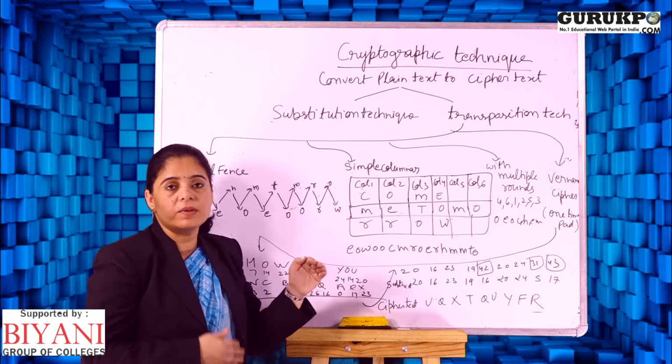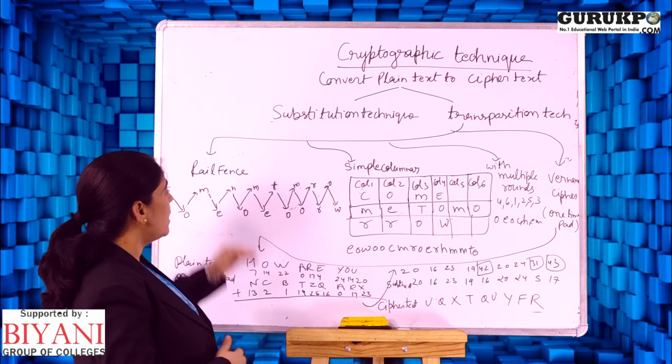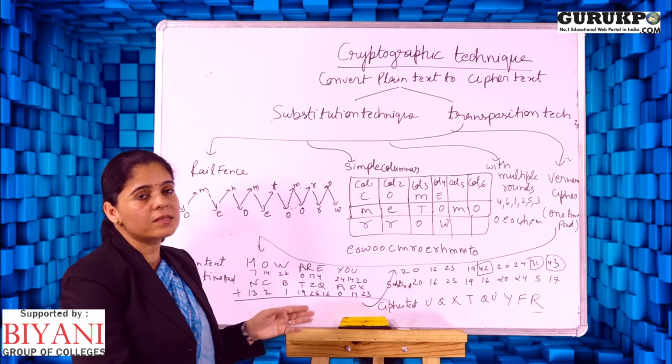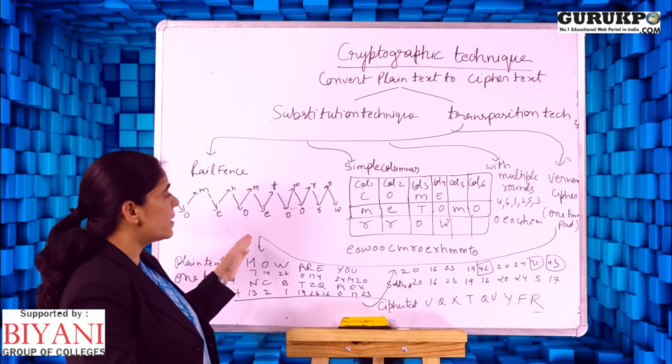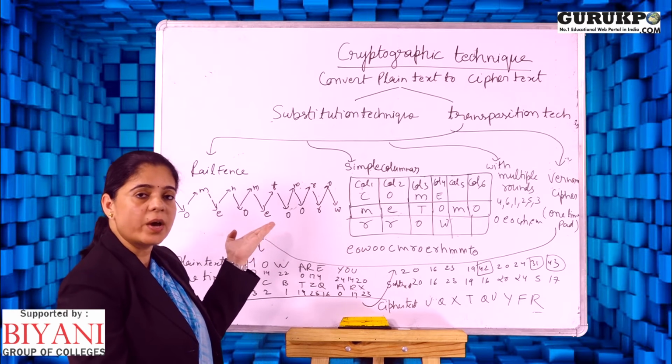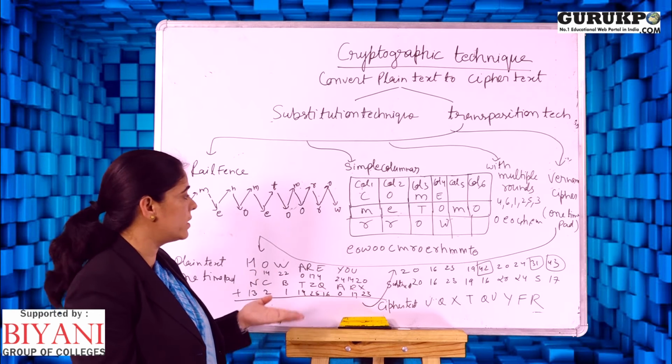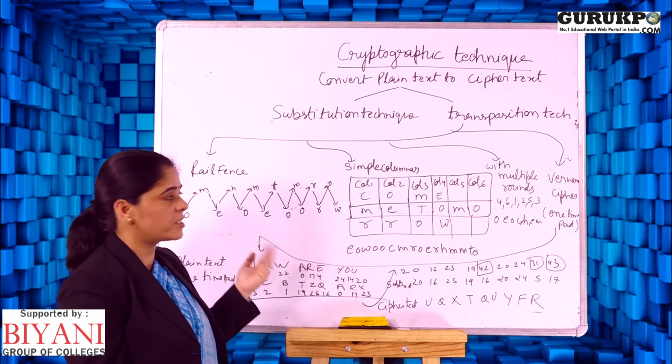In this way we generate the ciphertext from the rail fence technique. Again, this is a weak transposition technique, because it is very simple and the language is English, so anyone can identify the plain text for the ciphertext message.